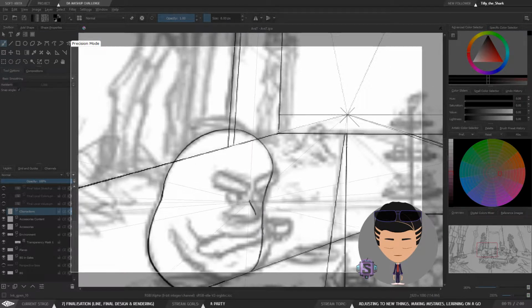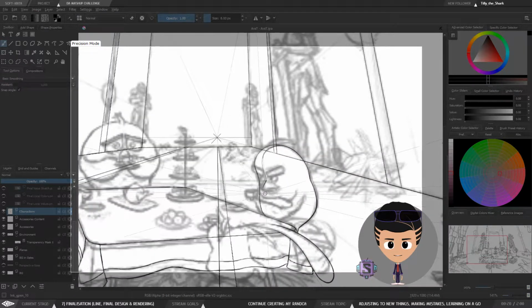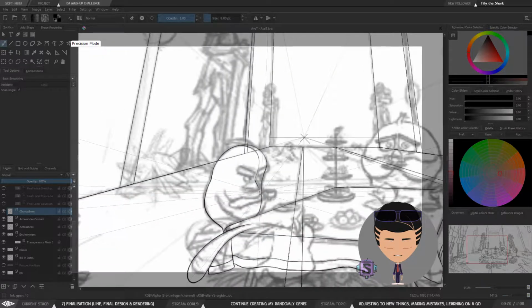Just try to find a center line. Could be somewhere in here.